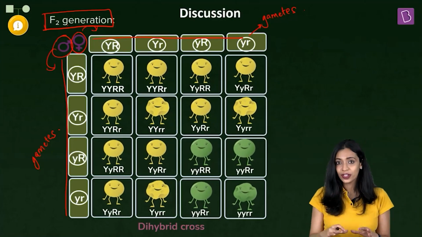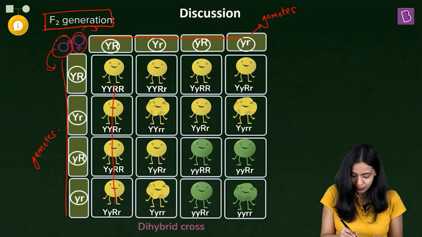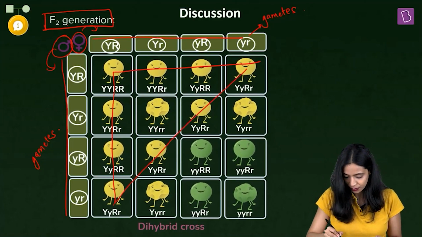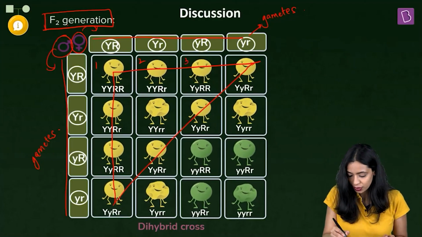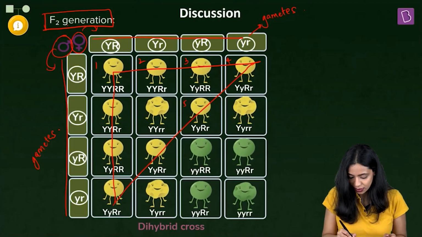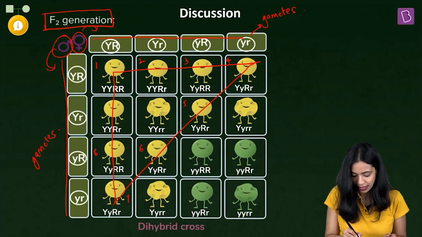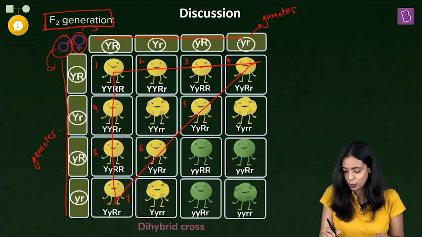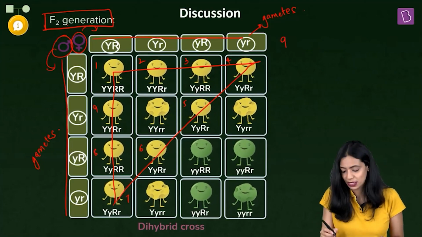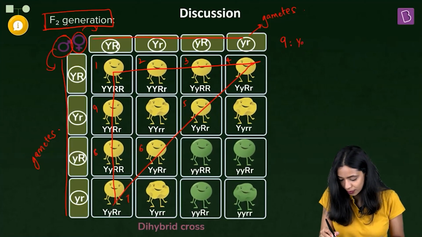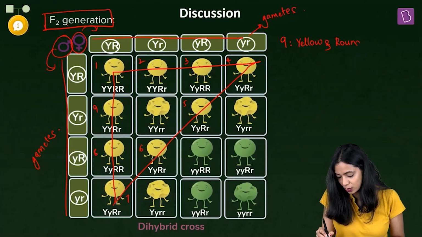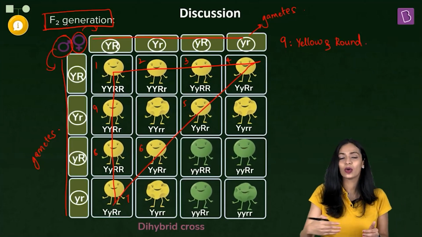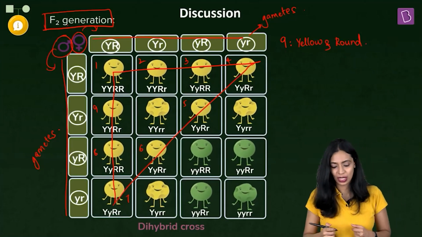Over here you can see how this big triangle has 9 of them: 1, 2, 3, 4, 5, 6, 7, 8, 9. Totally there are 16 boxes. 9 out of 16 will have the phenotype yellow and round. So the seeds will be yellow and round in 9 of the 16 offspring in the F2 generation.